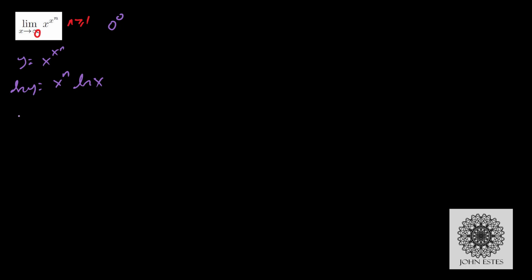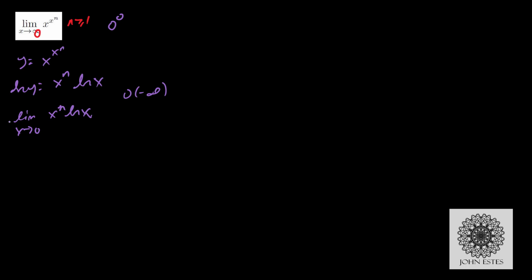Okay, so then if I take the limit as x approaches 0 of x to the n ln x, we know, just like last time, that this is still an indeterminate form of 0 times negative infinity.